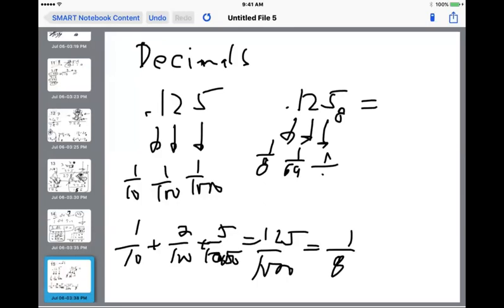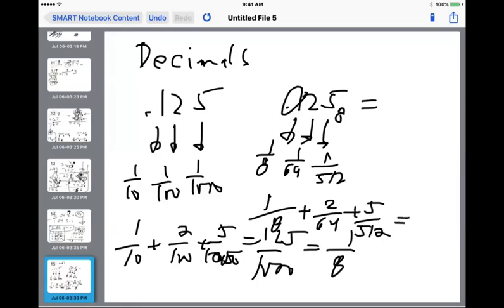It is 512. So 1.125 in base 8 is 1, the numerator because there's a 1 there, 1/8 plus 2 over 64 plus 5 over 512. And if we added those together with common denominators, I think we end up with 85 over 512.